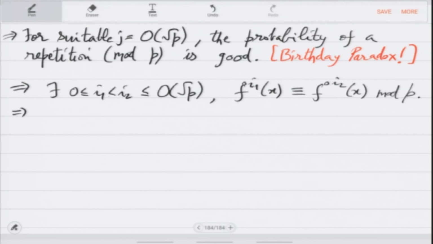What is happening is that you started with something, and in the sequence f composed i times x mod p, it starts with some value and then it starts repeating. Okay, so this is the 0th iteration, this is the i1th iteration, and then let's say this period is r.